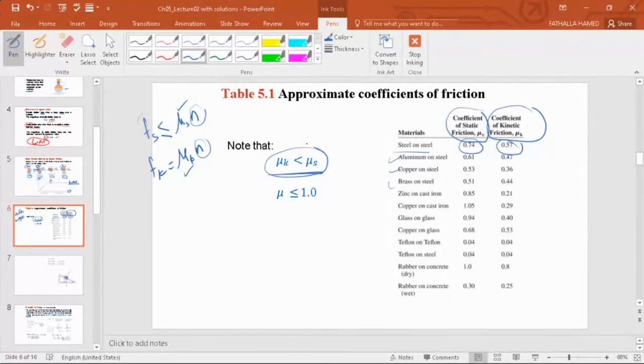But if I give you a problem in an exam or a quiz, I will give you the value of the coefficient of static or kinetic friction, unless I ask you to find that. So if you're dealing with an assignment and you're not given these coefficients, look at what the block and the surface are made of, and you can dig this information out.